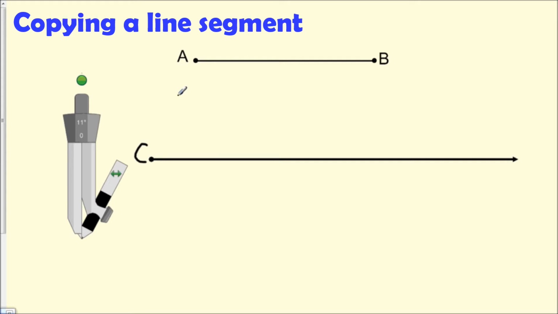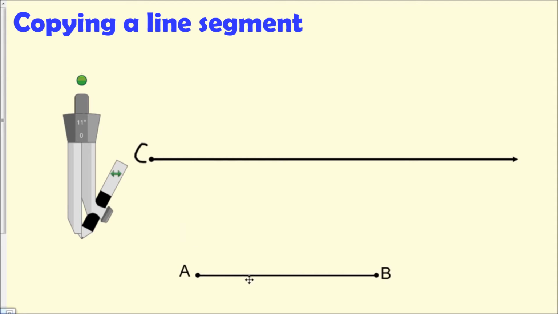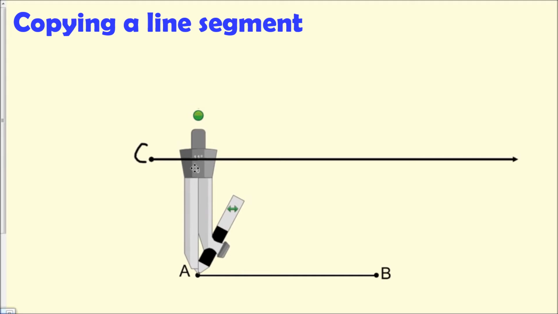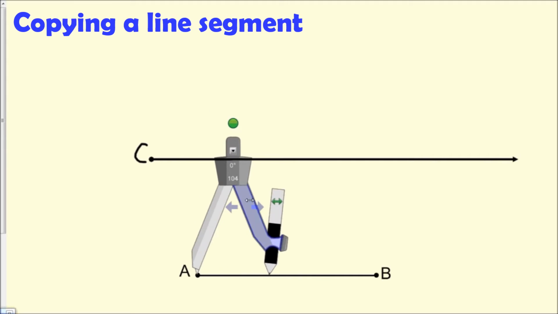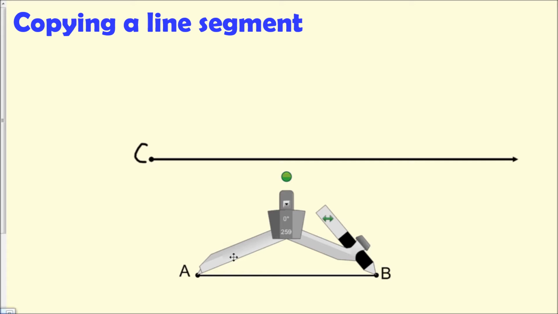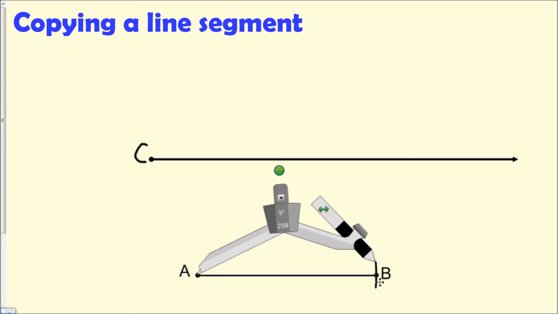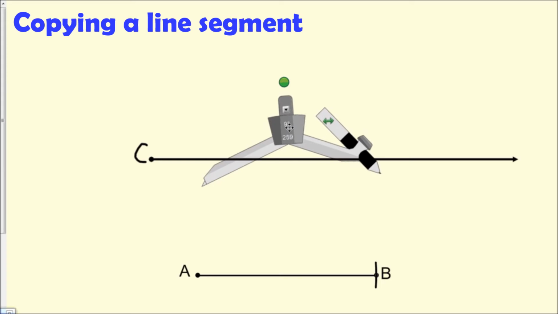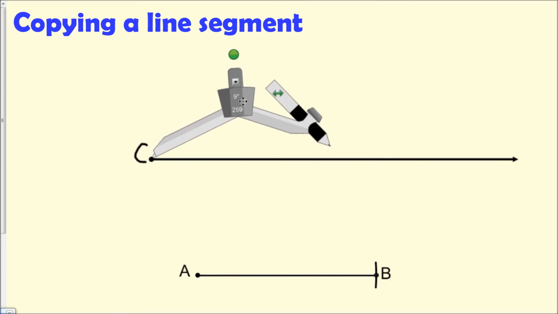From here, we are going to name the point as point C. And then we are going to move it down so that we can measure the length. So from point A, we are going to open the compass so that we are sure that it is the length of line segment AB, with an arc at point B. And from then, we are going to set our compass to point C. And from point C, without adjusting the opening, we are going to make an arc.